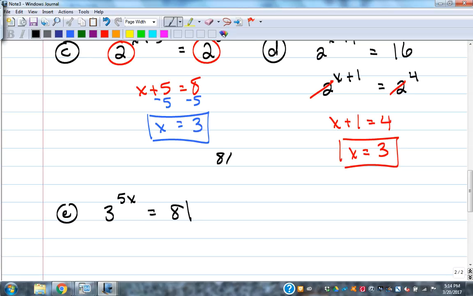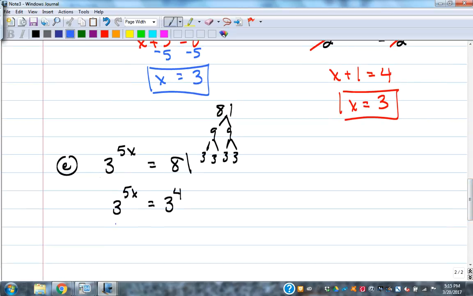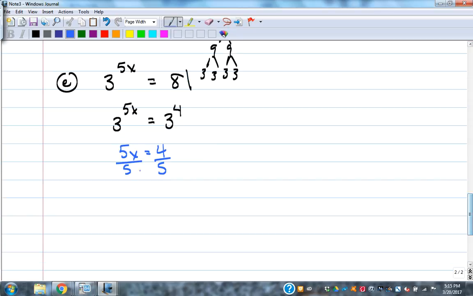So maybe that helps. 81 is 9 times 9. And then 9 could be broken down to 3 times 3. So 81 is really 3 to the what? 4th power. And then our equation ends up being 5x equals 4. Divided by 5, we get a fraction as an answer, and that's quite okay.